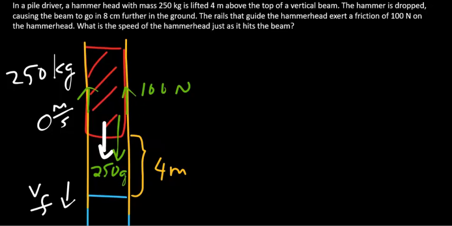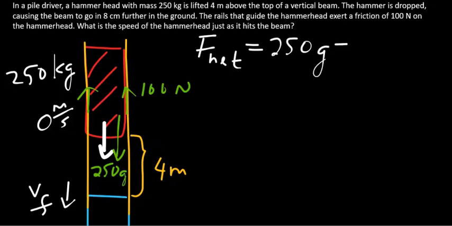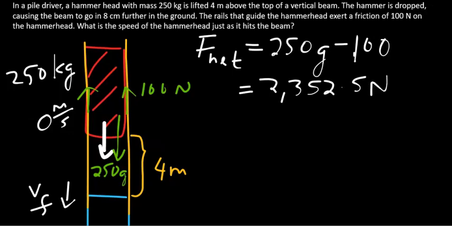So that means the net force acting on the hammerhead is 250 times g, the weight of that hammer, minus the friction, which is 100 newtons. Using 9.81 for g, we get 2,352.5 newtons for the net force.